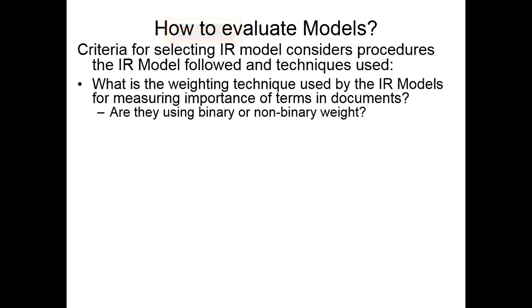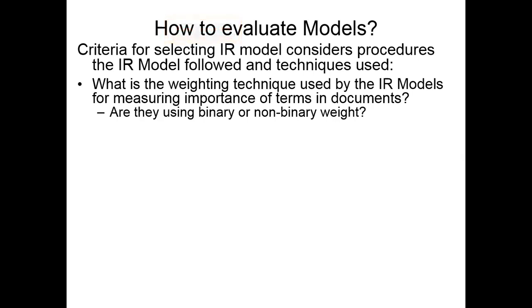One term or word may be appearing in a given document 1 time, or 2 times, or 3 times, or 4 times. Which term is more important for that given document? As the frequency increases, the term becomes more important in that document, rather than considering all terms equally important in a given document using binary weight.